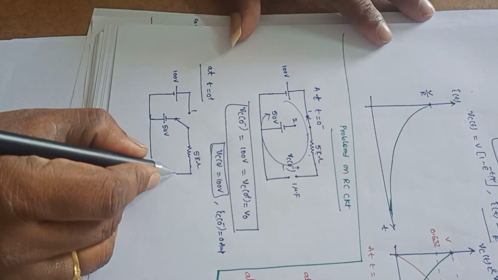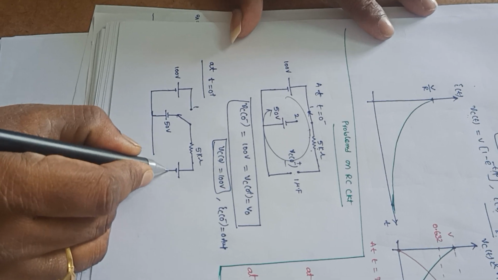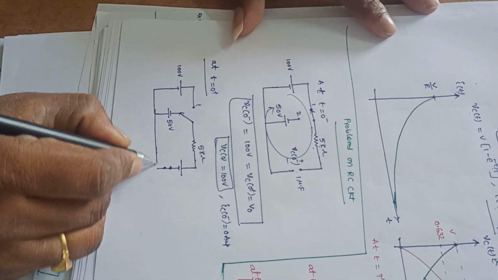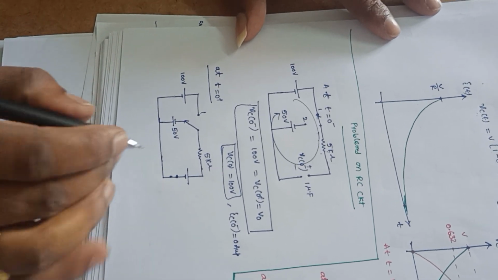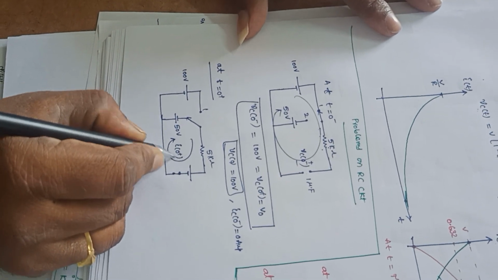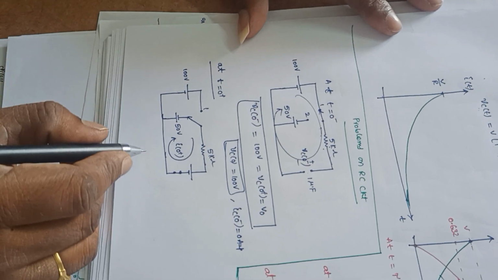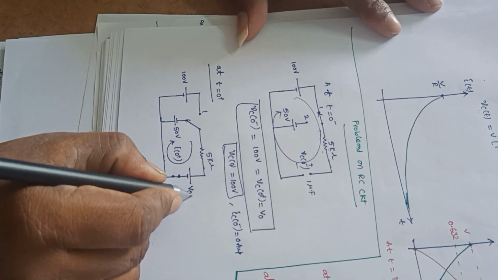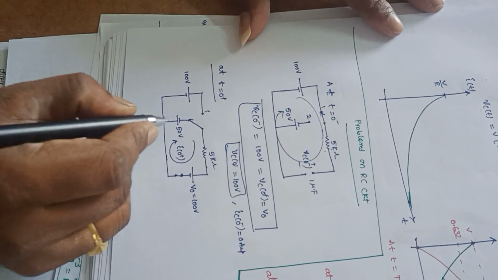equal to 0 plus, the representation of the capacitor will be the initial voltage source in series with a short circuit, and the current that is flowing through this, let us assume it is I of 0 plus or Ic of 0 plus, and the initial voltage across this one is V0, that is equal to 100 volts.